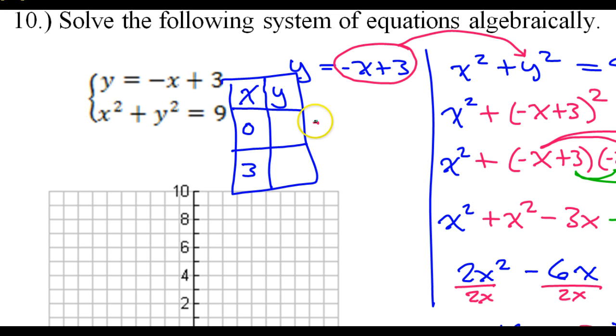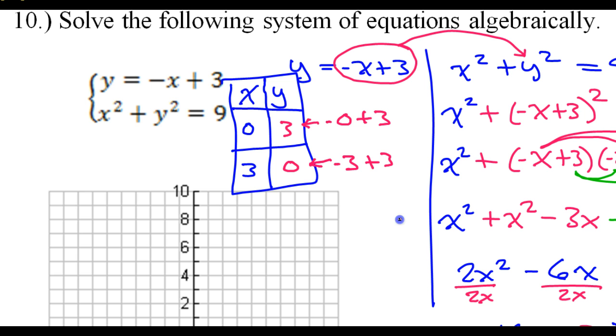So my y value is going to equal negative x plus 3. So in this case, that makes negative 0 plus 3, which is just 3. Negative 0 is just 0 plus 3, which is 3. If I want this y value, negative x, so that's going to be negative 3 plus 3. Negative 3 plus 3 is 0.